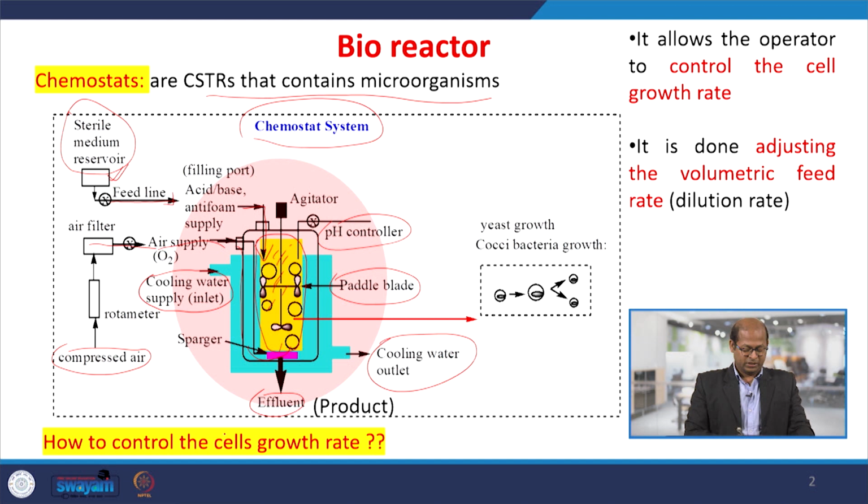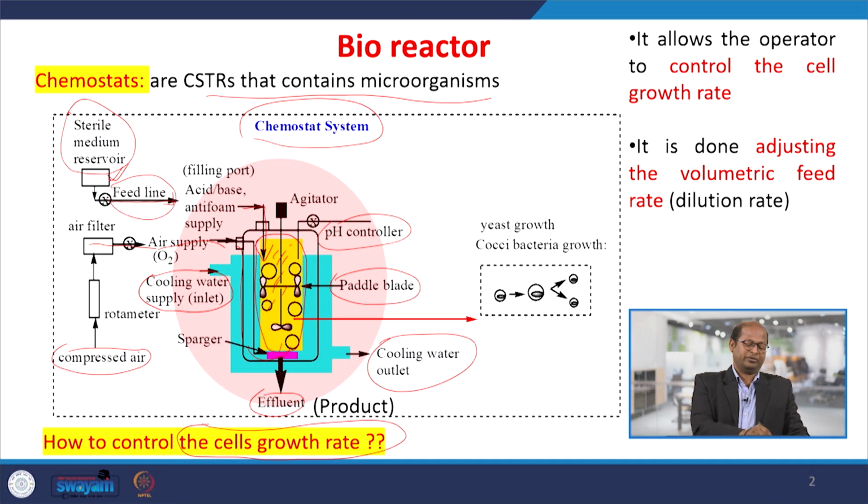Here the question is how to control the cell growth rate. Suppose everything is known about the concentrations inside the reactor. When substrate and cells are there, the concentration of the cells will gradually increase. If we continuously want to get the products by increasing or decreasing the cell growth rate, how can we control that?